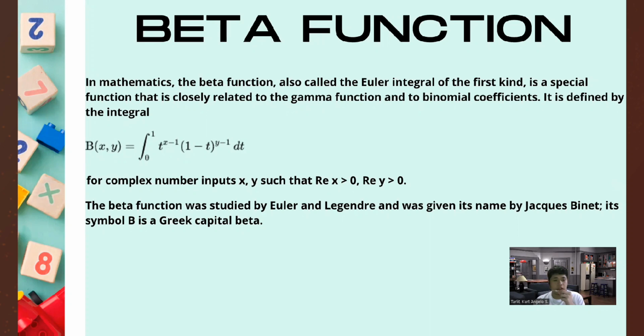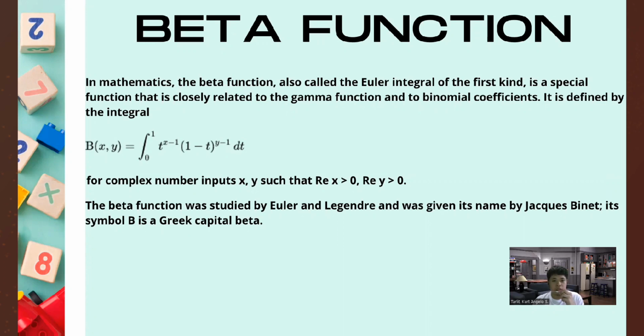It is defined by the integral B(x, y) = integral from 0 to 1 of t^(x-1) (1-t)^(y-1) dt, for complex number inputs x, y such that Re x > 0 and Re y > 0.